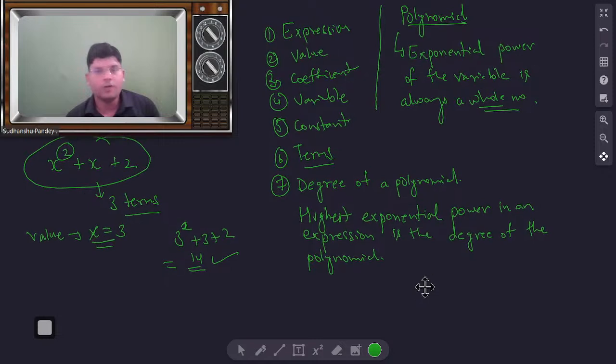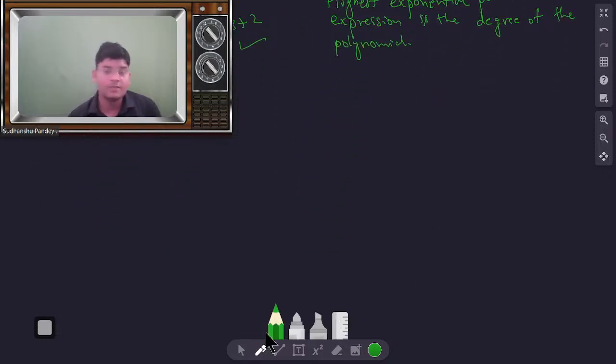So you understood what is a polynomial. So I am giving you some examples. Those are expressions but not polynomials. When I am writing x square plus 1 by x, this is an expression, but this is not a polynomial.